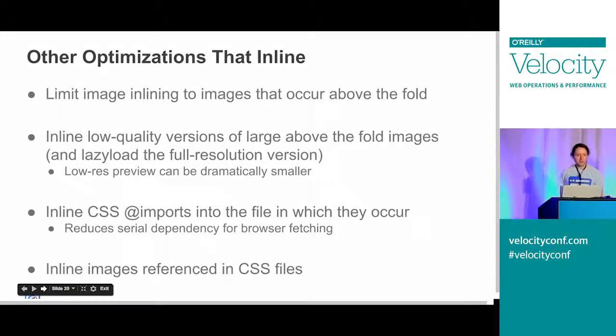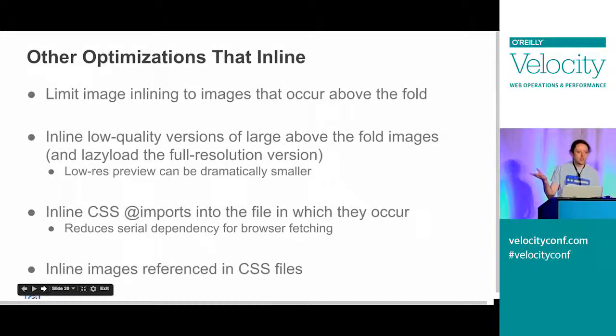It turns out this is not necessarily a big win. It's very surprising, and it has to do with details of exactly how the browser fetches images referenced in CSS files. Those are reasonably low priority, and by inlining them, we actually mess with the way they get prioritized and slow the page down. So by and large, we're pretty reluctant to inline images referenced in CSS files unless they're quite small.